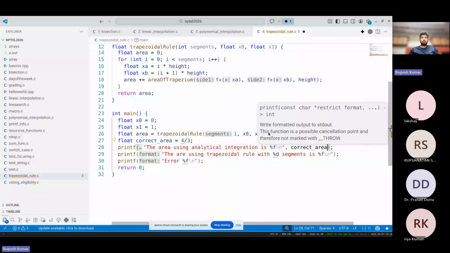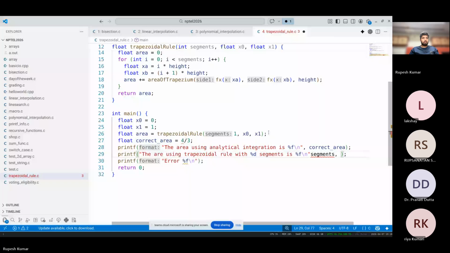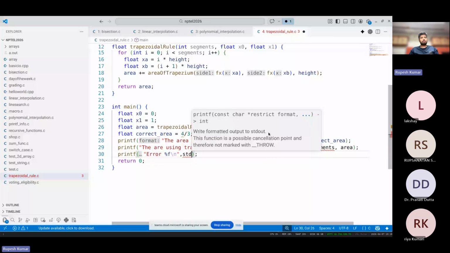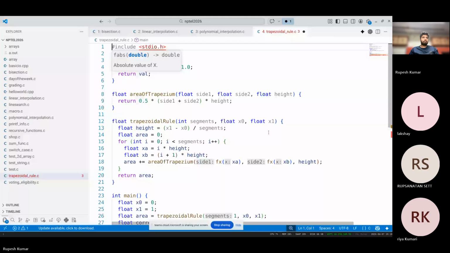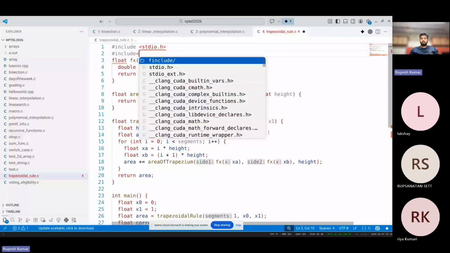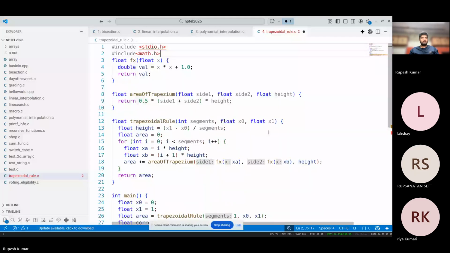The segments is this, and area is this, and the error is fabs. Oh, sorry, fabs of area minus correct area, right? So let's include math.h for the fabs function here, right?